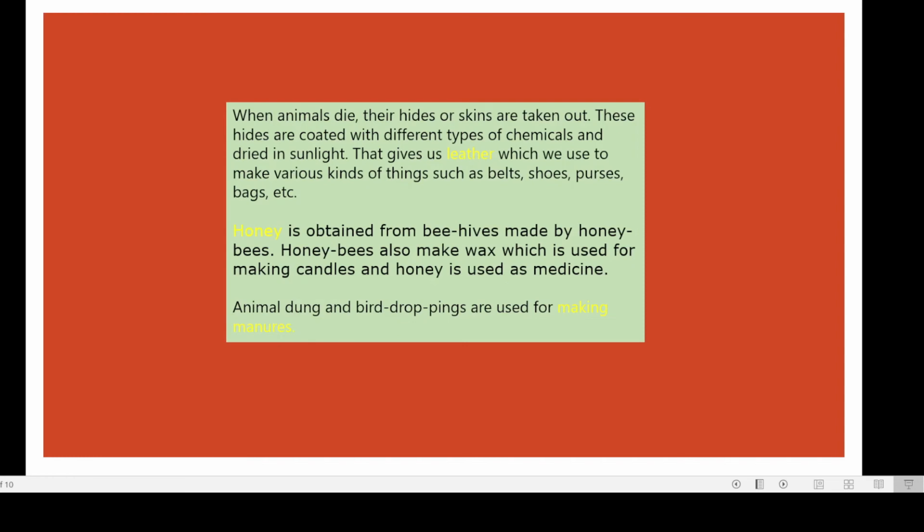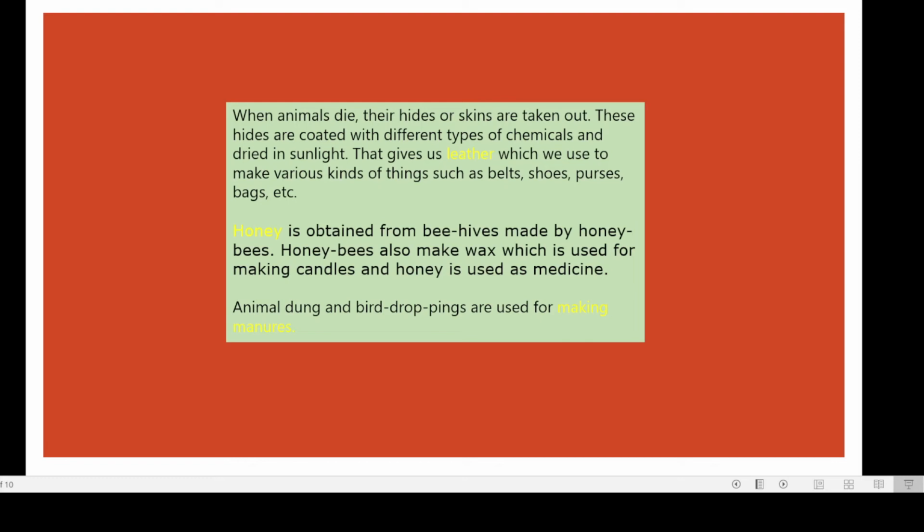We also get leather. When animals die, their hides or skins are taken out. These hides are coated with different types of chemicals and dried in sunlight, and before that salting is done, and thereby the leather is produced.